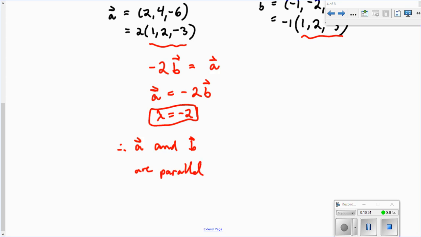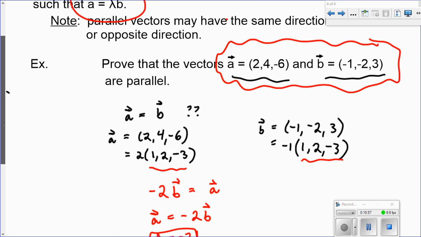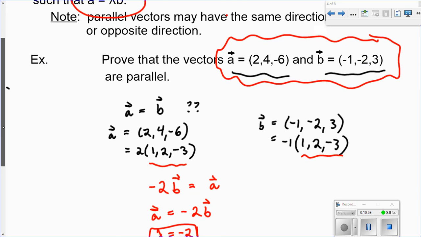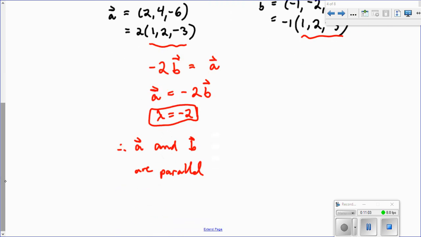Now theoretically they are going in a different direction, right? A is double the size of B, and they're going in a completely different direction because of the negative sign, but they're parallel. It doesn't matter what the size is. If you have one that's double the other in length, that's fine, they're still parallel. If they're going in an opposite direction, they're still parallel.